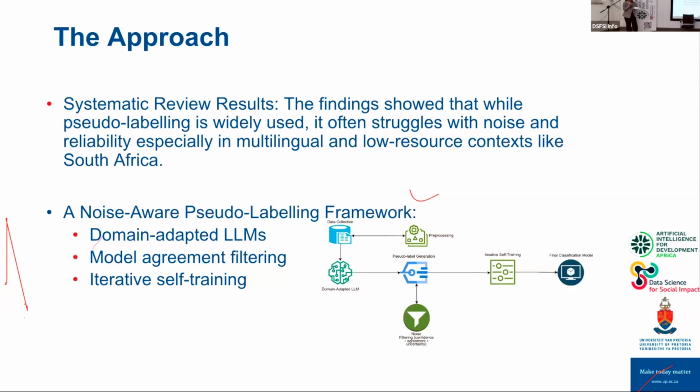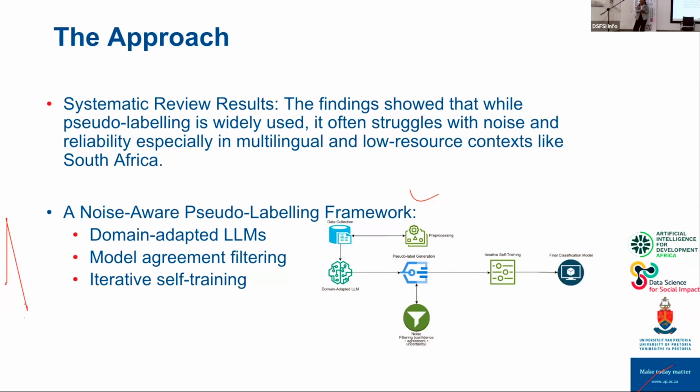The approach that we begin with is a systematic literature review to understand what has already been done. The findings show that while pseudo-labeling is widely used, it often struggles with noise and reliability, especially in multilingual and low resource contexts like South Africa. Based on this, I propose a noise-aware pseudo-labeling framework.